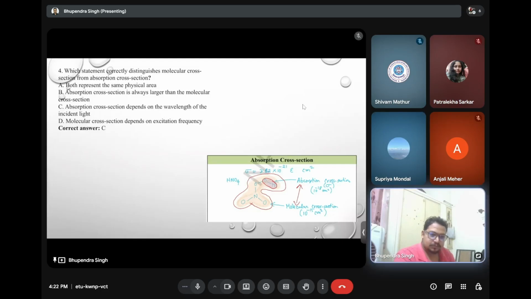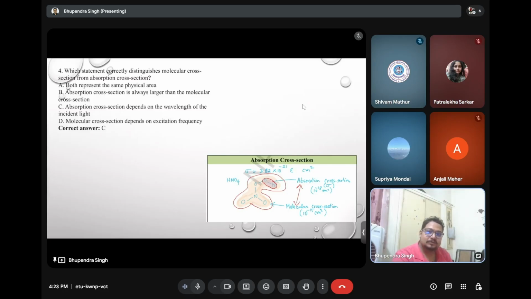Yes, but the question is which statement correctly distinguishes. Distinguish means differentiate. So which statement correctly differentiates molecular cross section from absorption cross section? There should be one property out of these four options which can distinguish absorption cross section from molecular cross section.